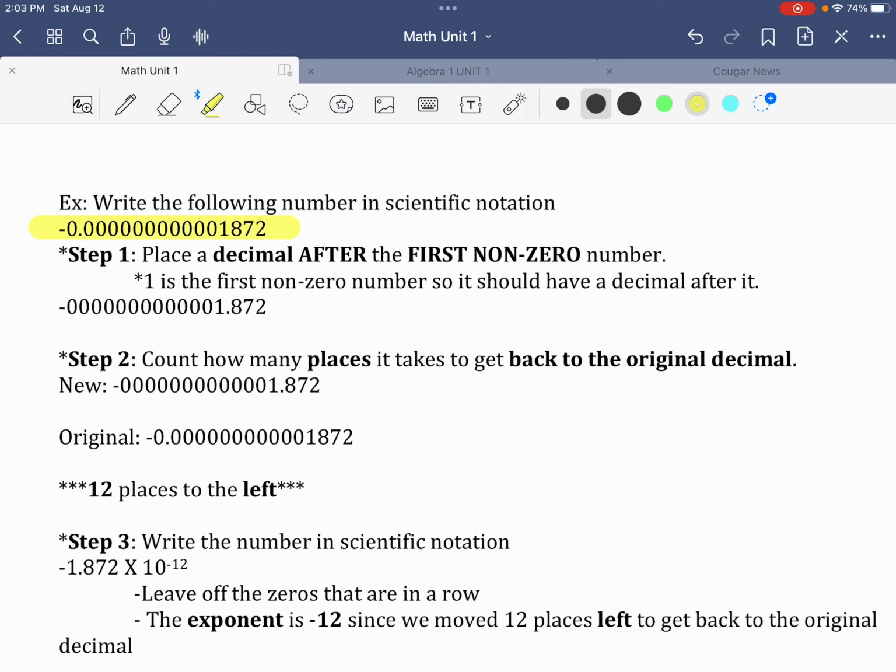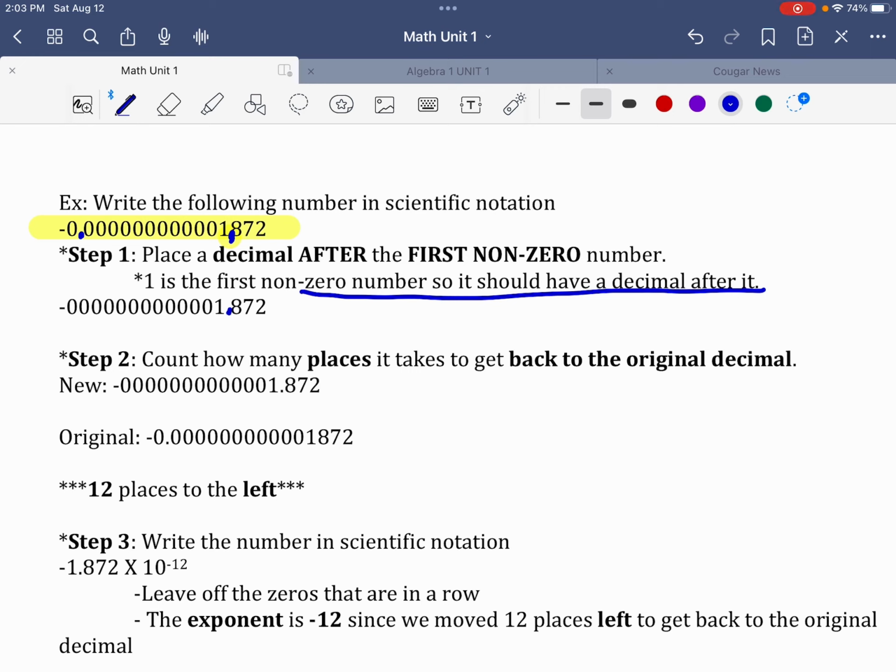I like to say make it a number between 1 and 10. So if you put a decimal right here, then it becomes a number between 1 and 10. 1 is the first non-zero number, so you put a decimal after it. However that makes sense to you. So we move the decimal all the way from here to here.